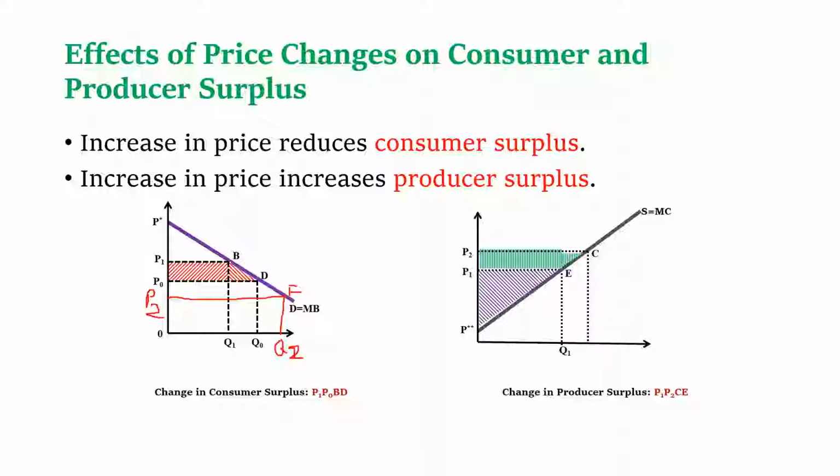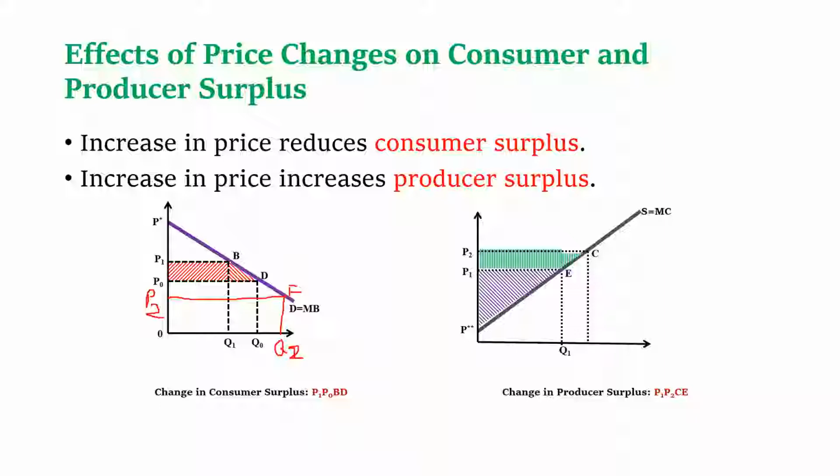Now, notice that originally the consumer surplus was P star, P0, D before the fall in the price. When the price falls, the consumer surplus is going to increase. The triangle is going to become bigger.